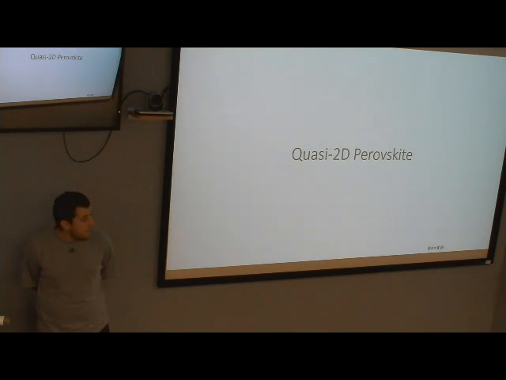So quasi 2D really means that although it's not infinite, it is as close as you need it to be infinite in the two dimensions to get a confined effect. The aspect ratio is big enough that it acts as 2D.